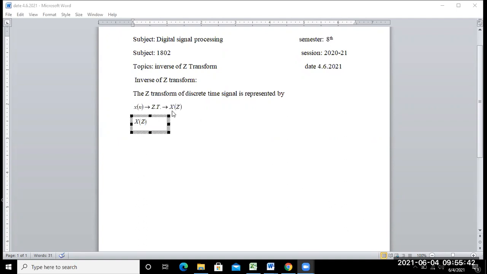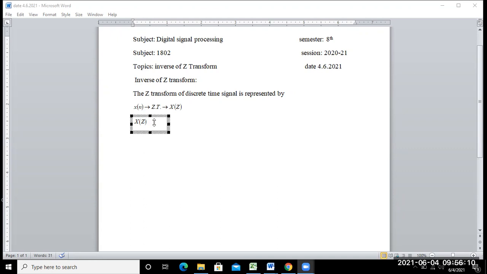If we transform a Z transform into a discrete time signal, that is known as the inverse of the Z transform. If a discrete time signal is converted into Z transform, that is known as the Z transform. So how can we find out Xz from the discrete time signal?